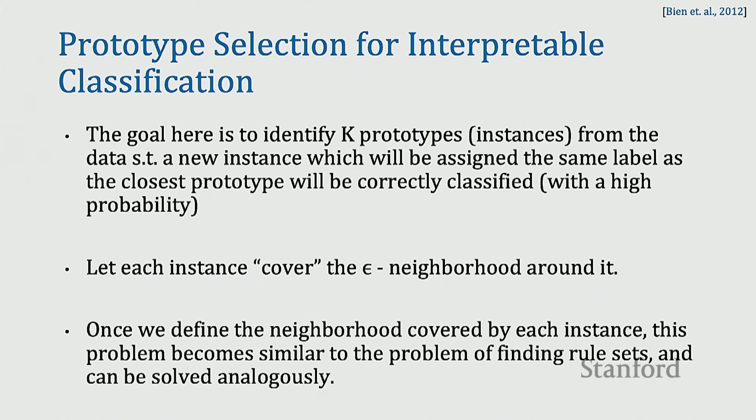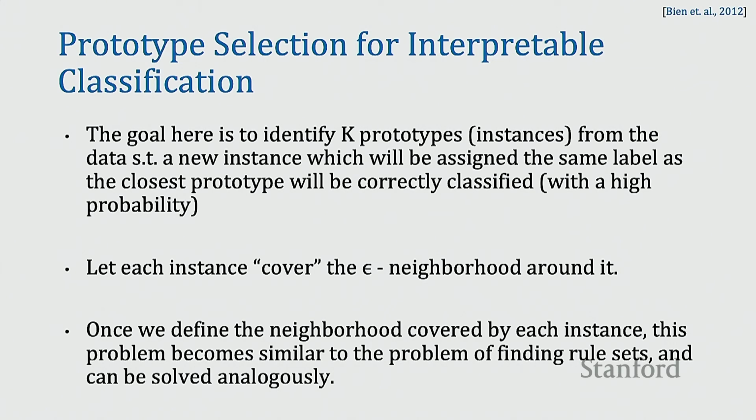So once you associate this kind of neighborhood with each instance, you can see the analogy between this and a rule. Earlier we were trying to come up with a subset of rules in the rule set, or the interpretable decision sets that we discussed, a subset of rules that can cover all the points in the data and also be accurate classifiers.